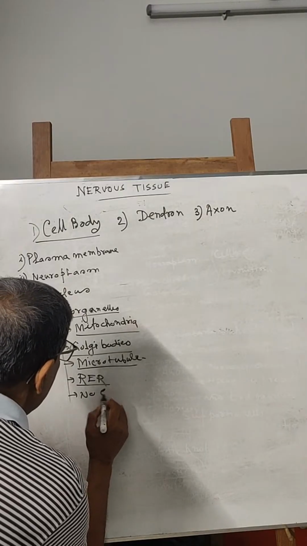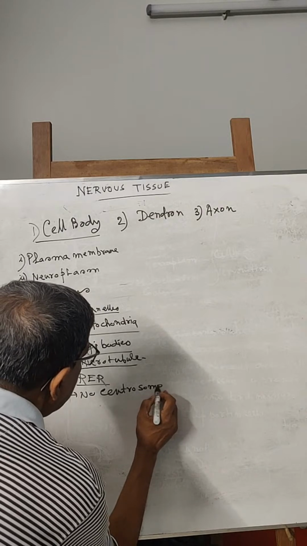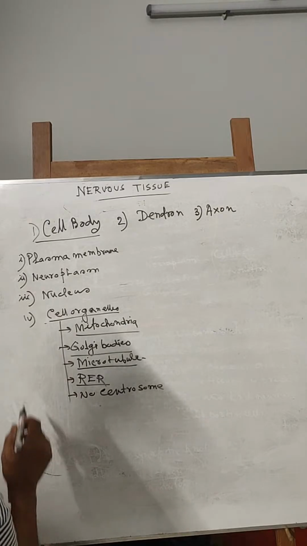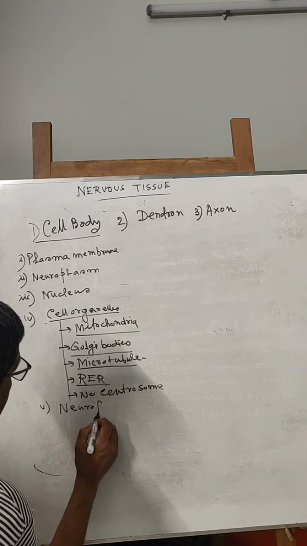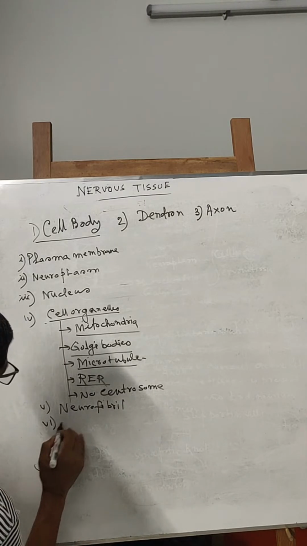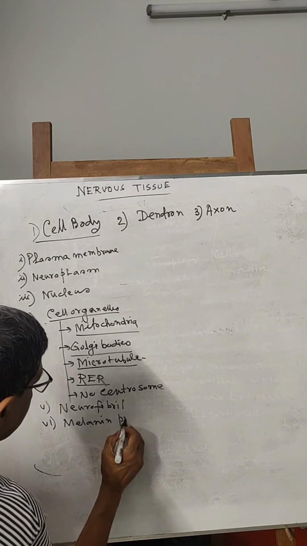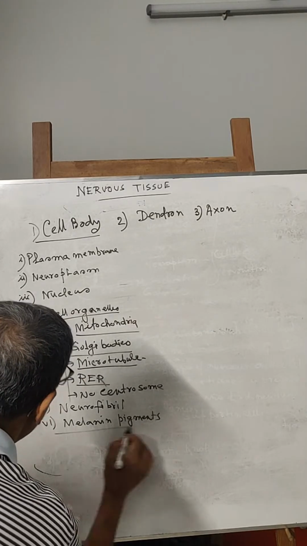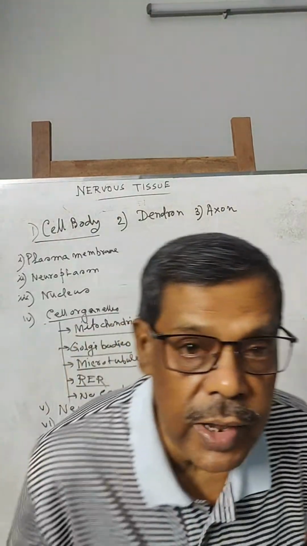Five, neurofibrils; six, melanin pigment, etc. in the cell body.